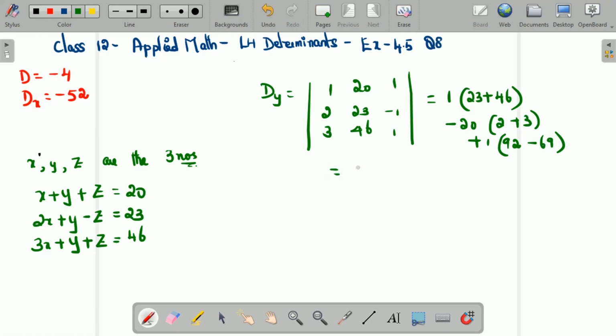So if you evaluate, this is going to be 69 minus 100, and plus 23. So on simplification, you get minus 8. So Dy is equal to minus 8.